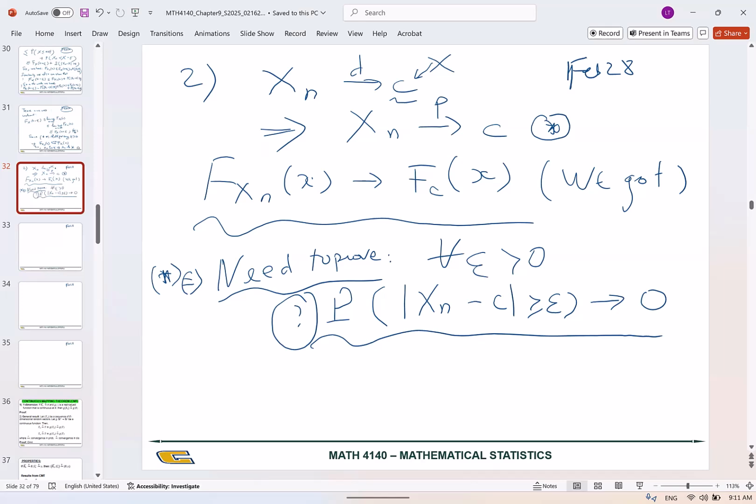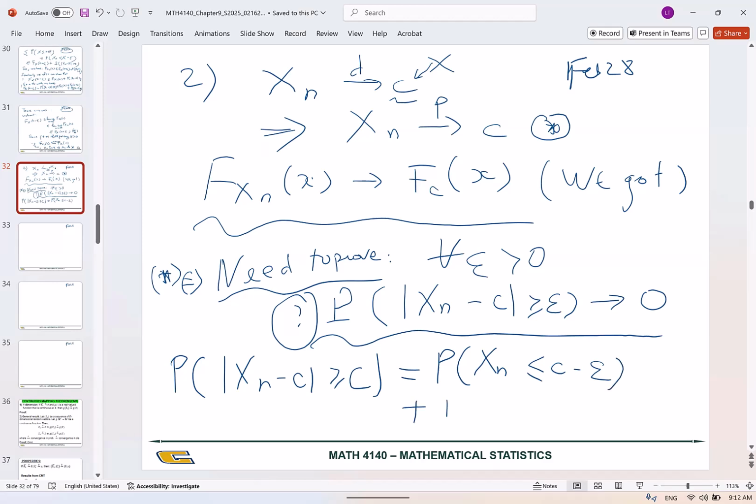This quantity will be equal to the probability that Xn is less than or equal to C minus epsilon, plus the probability that Xn is greater than C plus epsilon.